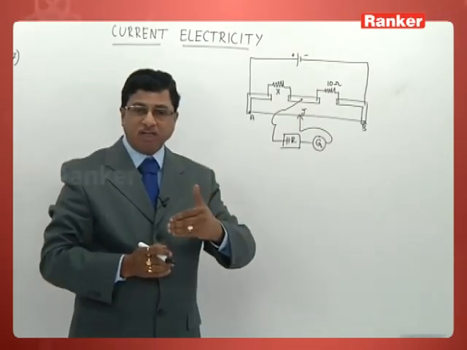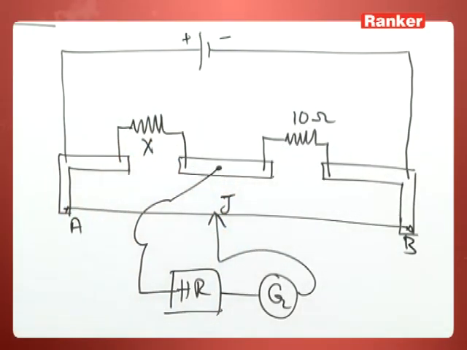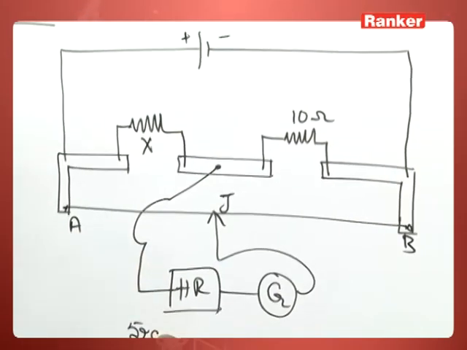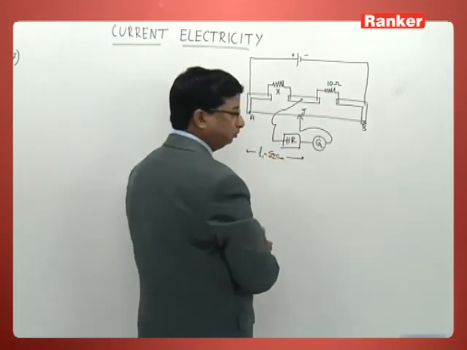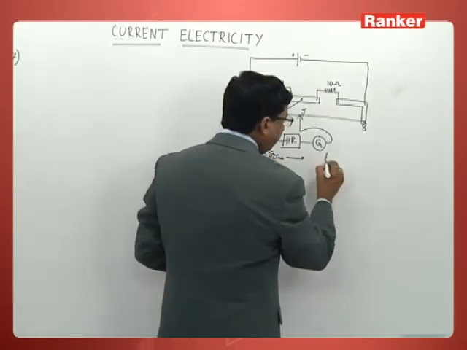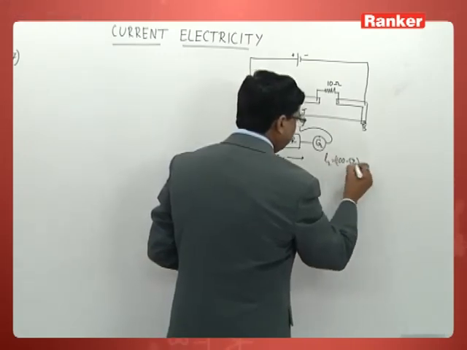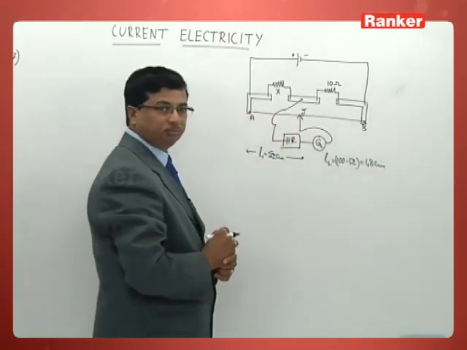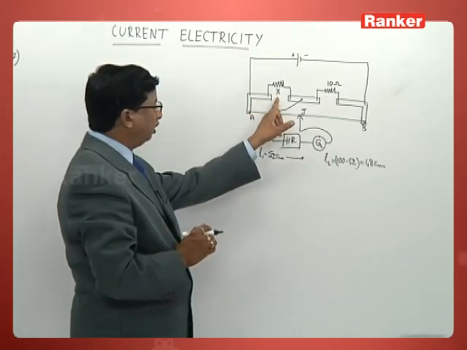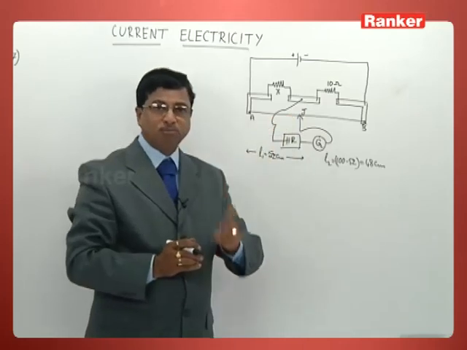The tapping key is at 52 centimeter mark, there is null deflection. So you can understand well, 52 centimeter is this length, that is called L1. Then what will be the remaining length, please? 100 minus 52, that now becomes 48 centimeter. So you all can understand unknown value is X, known value is 10 ohm.